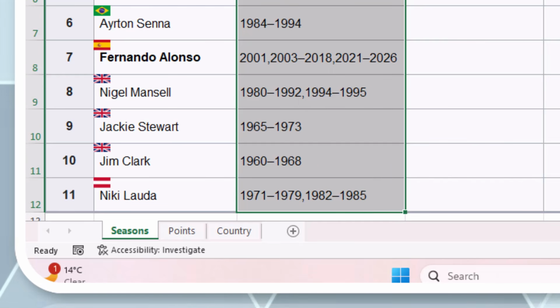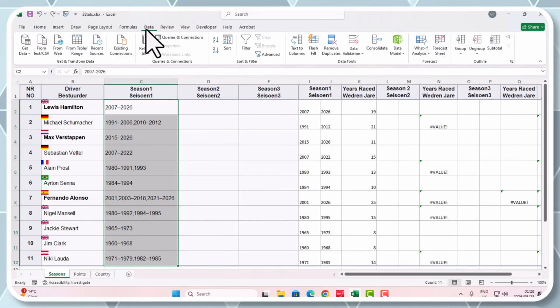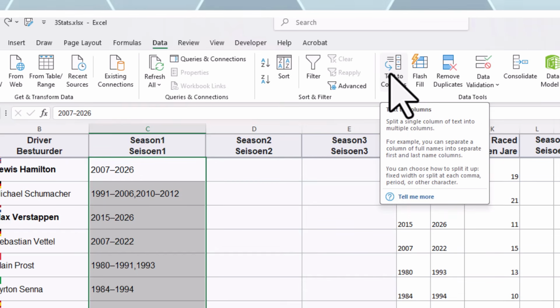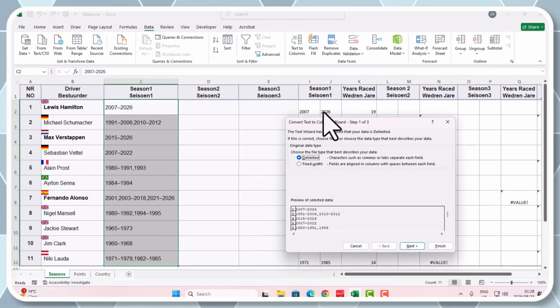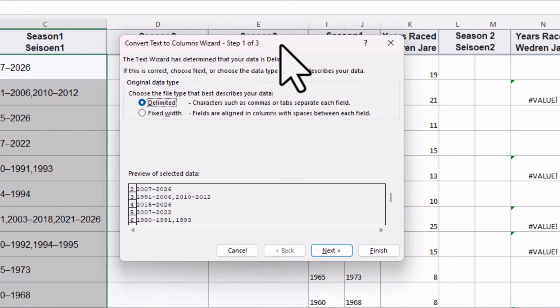Now, to get this across these columns here, we're going to use that function called text to columns. So let's go to Data, and here we can see text to columns. See that? I'm going to click it. Now the wizard will open up and we want delimited.